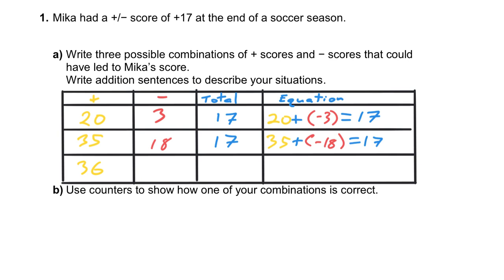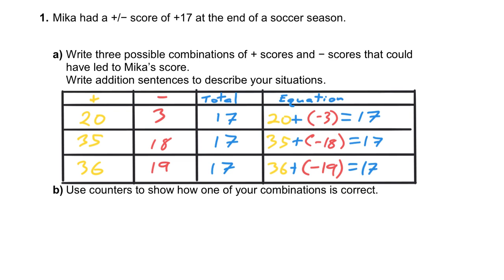And then if we took away 1 more in the negatives, that would still give us a total of 17. So our equation would look like this. 36 plus -19, right? We added 1 to the positives, we added 1 to the negatives, still gives us a 17.